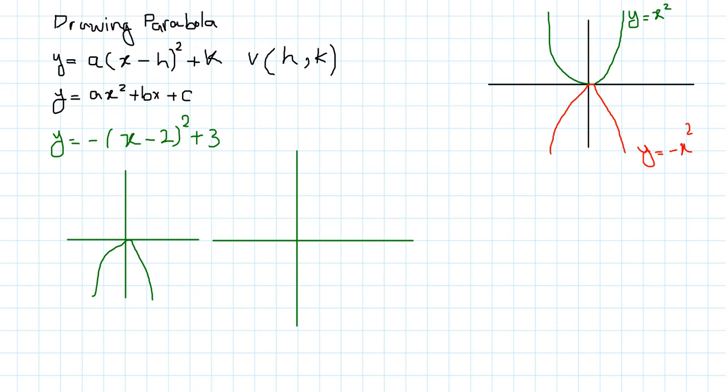So at first I try to draw minus x squared. Okay, this is minus x squared. Second, shift it 2 on the x-axis.